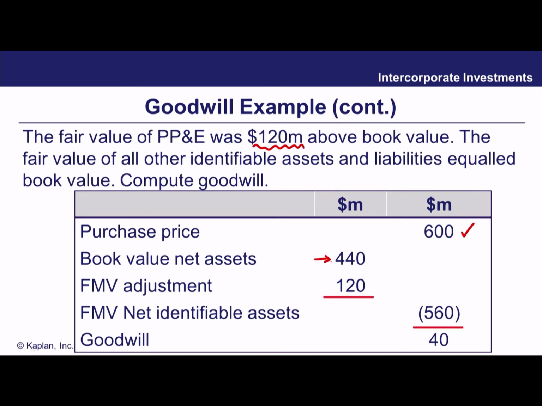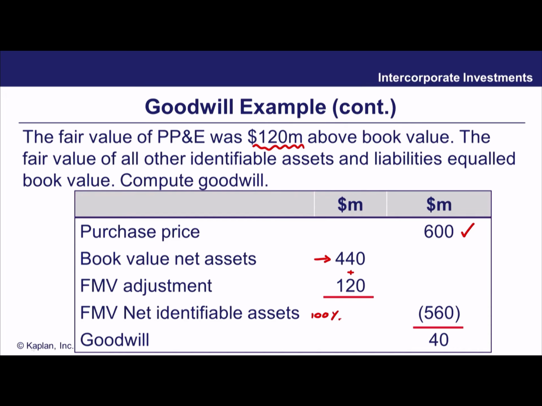So there's a fair market value adjustment to our plant, property and equipment. And that's going to increase, of course, the fair market value of net identifiable assets from 440 up to 560. So we're going to add those together to get our 560 figure. Now remember, we own 100% of this company, so we bring in 100%, of course, of the fair market value identifiable net assets.